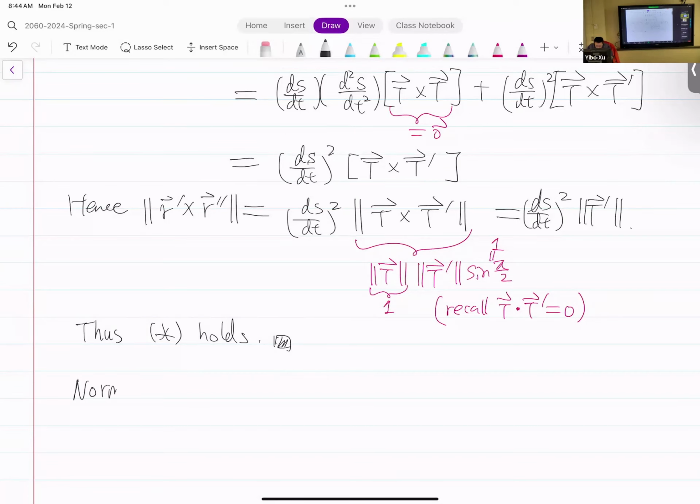So now, normal vectors and binormal vectors.